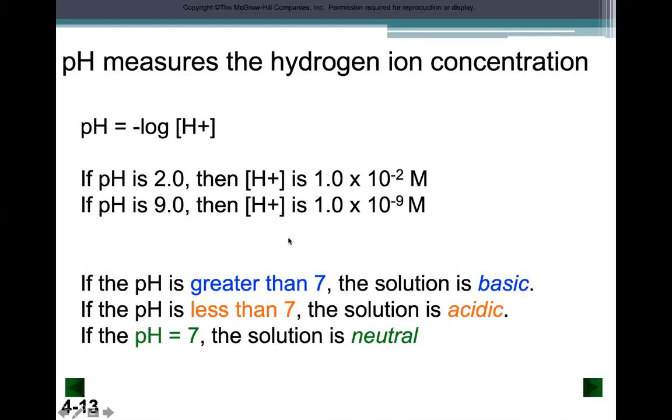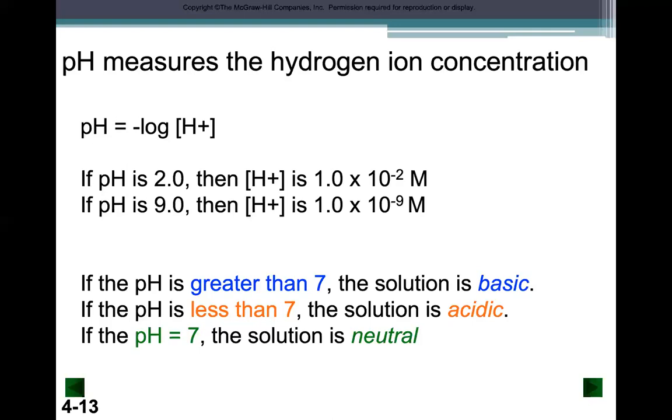If the pH is less than 7, we would say the solution is acidic. So if we have a high concentration of hydrogen ions, then we have a low pH, and therefore the solution is acidic. If the pH is at 7, we typically say that solution is neutral. So there's a good balance between the H plus ions and the OH minus ions, okay?